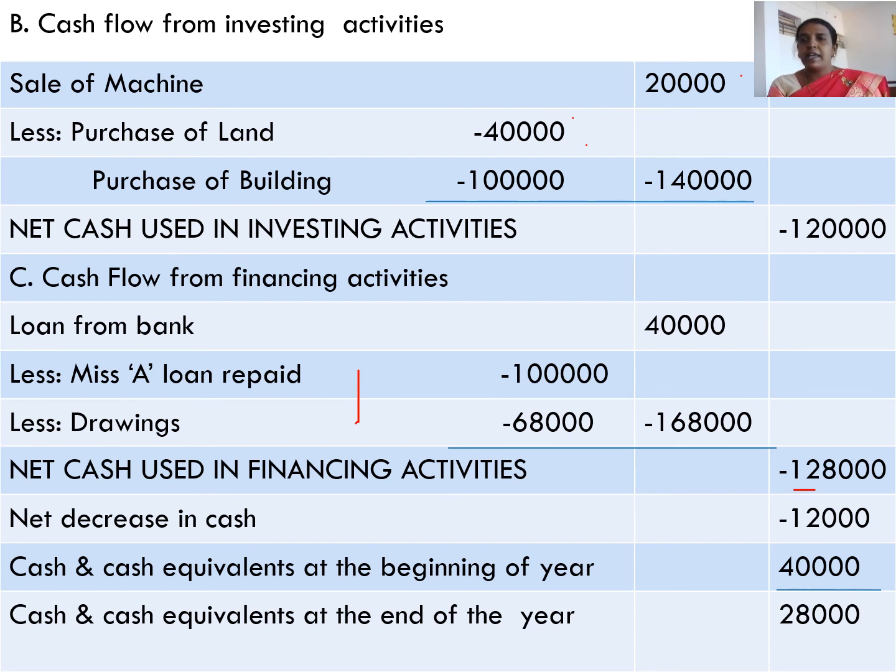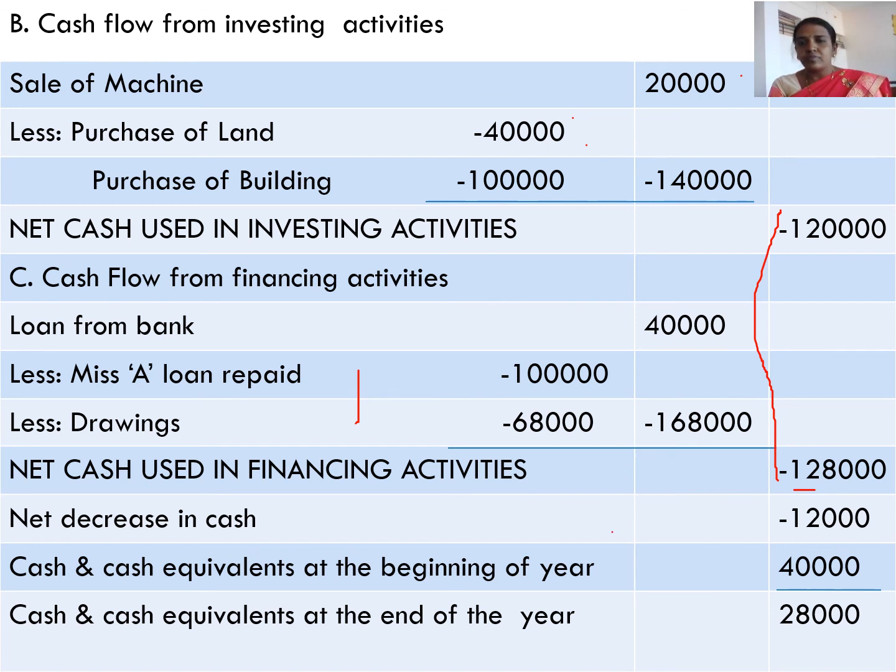By combining the net cash flows from all these three activities, that is rupees 2,36,000 from operating activities, which is positive, an inflow of cash to the extent of rupees 2,36,000. In that we have to deduct rupees 1,20,000 and 1,28,000, both cash outflows from investing and financing activities. So there is a net decrease in cash to the extent of rupees 12,000.